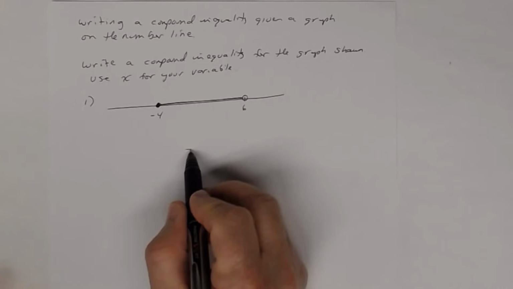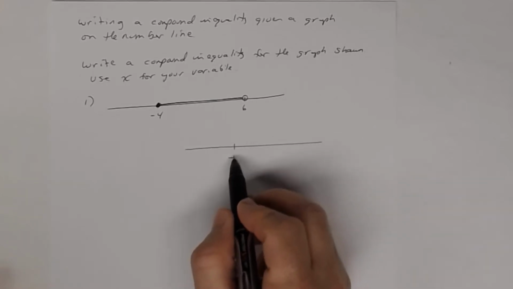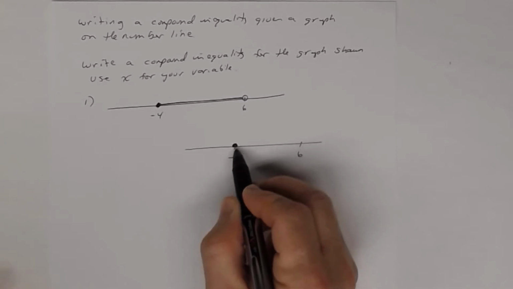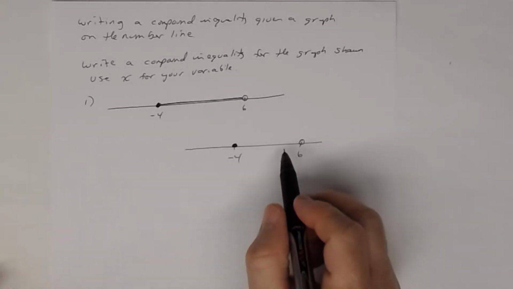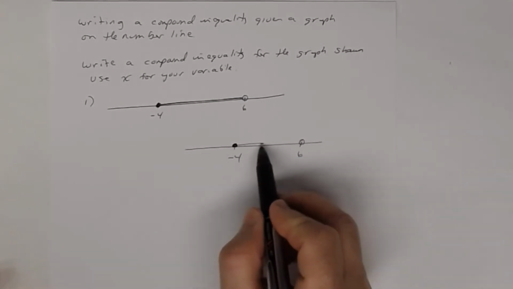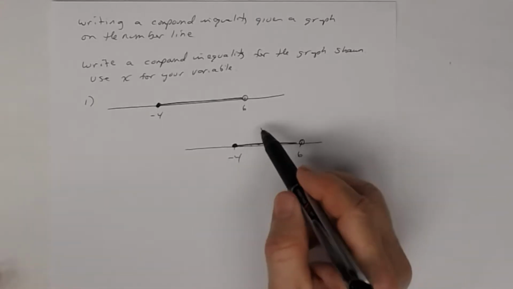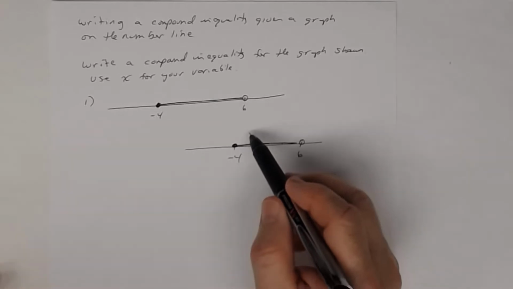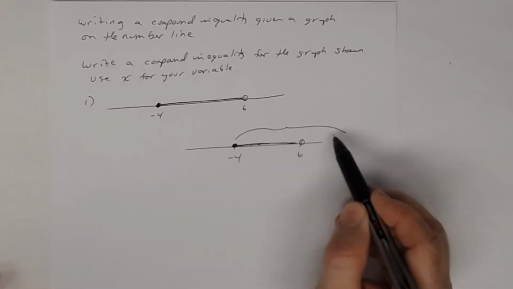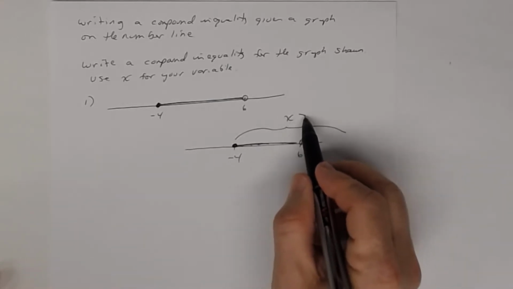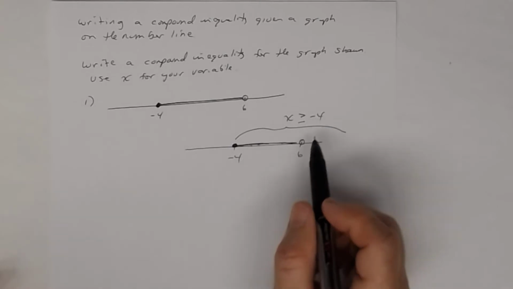Let me go ahead and rewrite this over so I could draw on it. So here's -4, here's 6, closed circle, open circle. And so if we look at this part here, from here to infinity, that means that x is greater than or equal to -4, right?